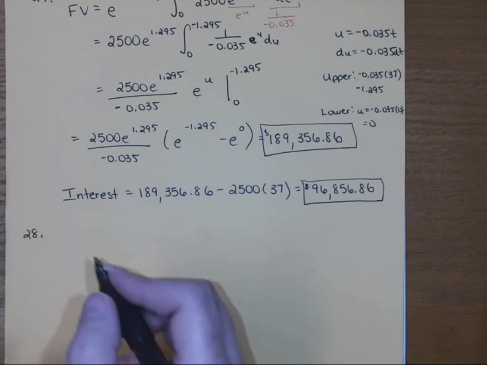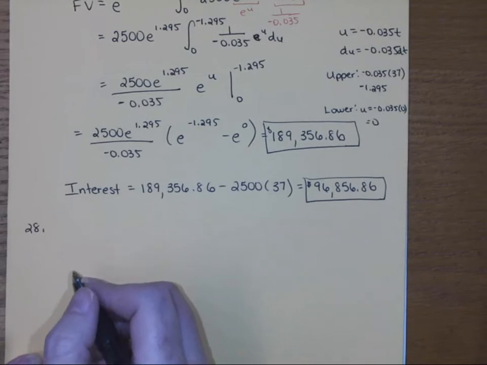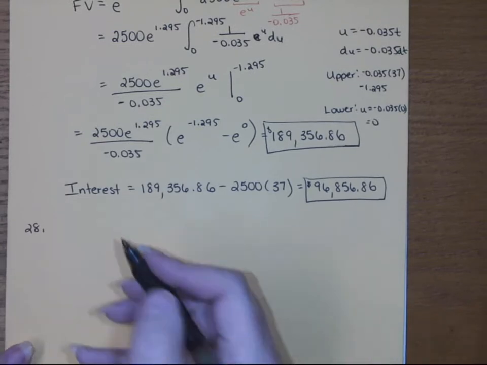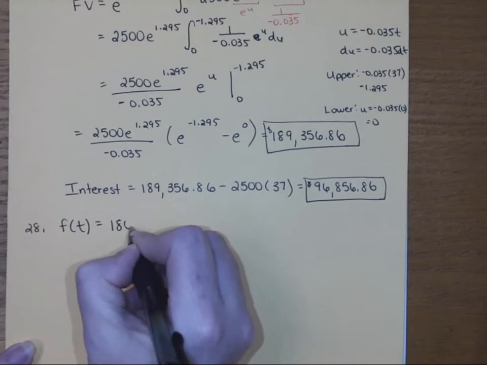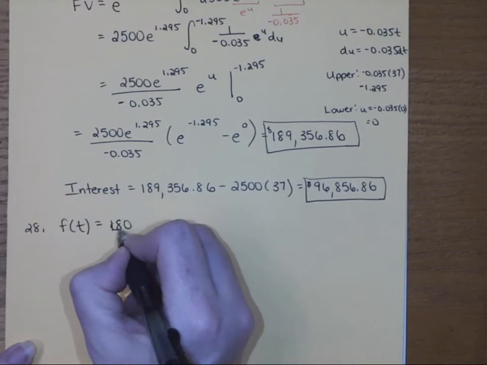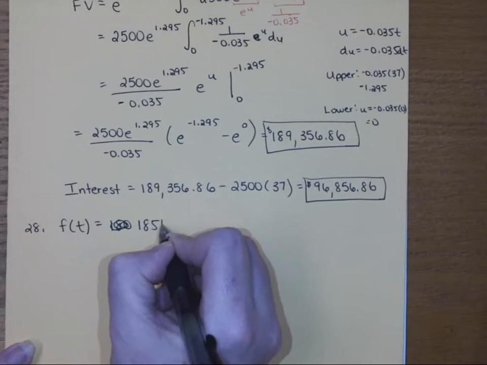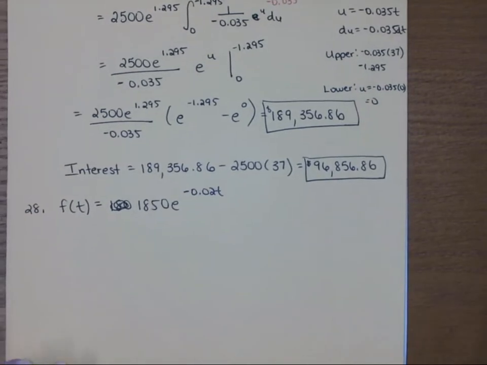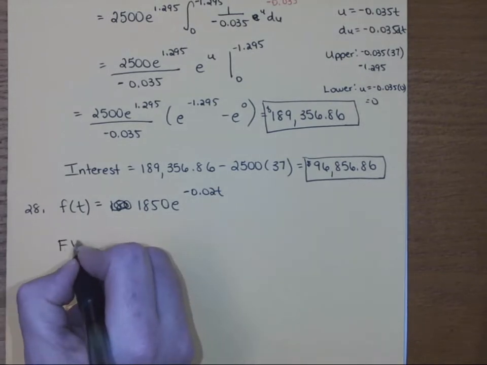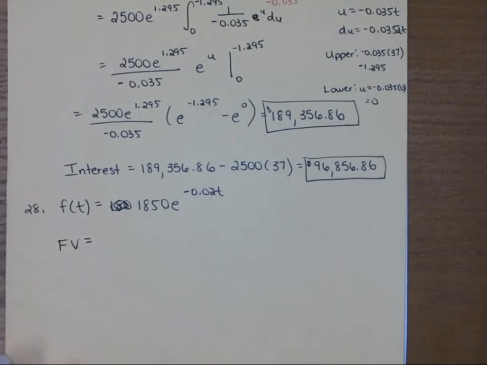So for 28, though, the interesting part is that we don't have a clear revenue amount or a true income stream. We have an equation for that. So when we go to do future value, okay, the time period I think this time is 5.